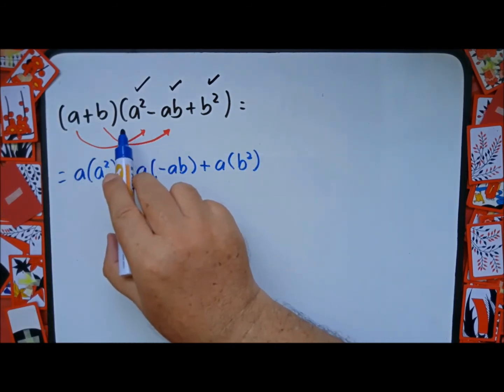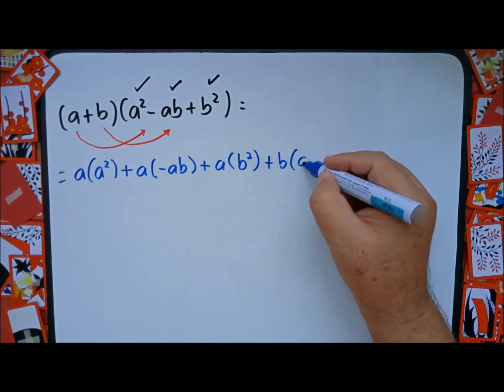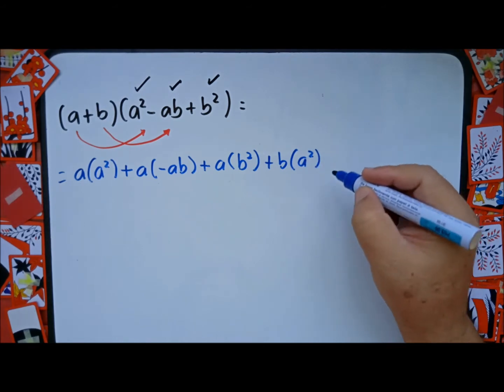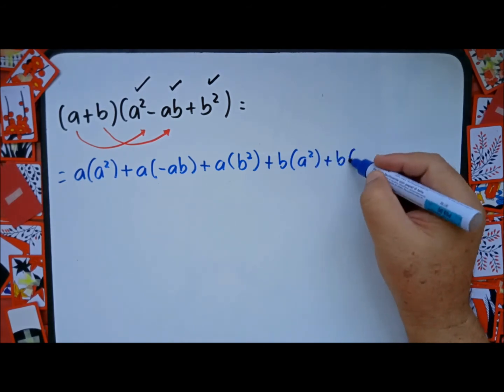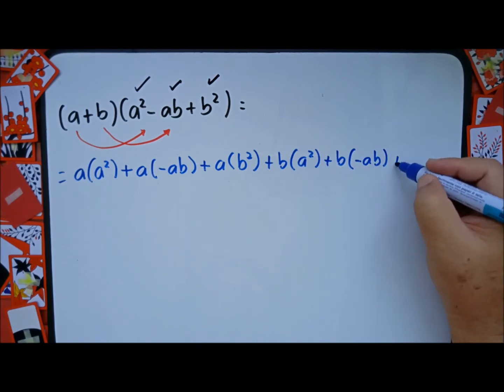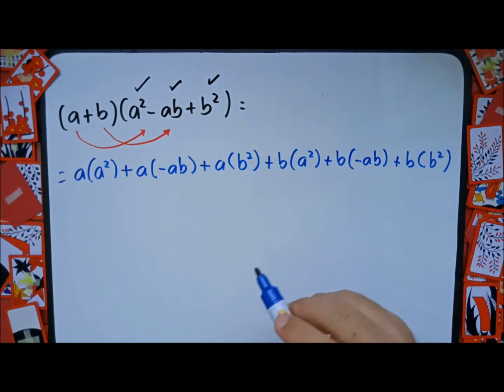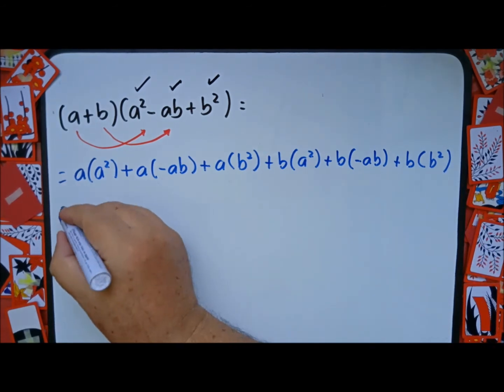Okay, first term multiplied to the whole set, then b times a squared plus b times negative ab plus b times b squared. Okay, simplify.